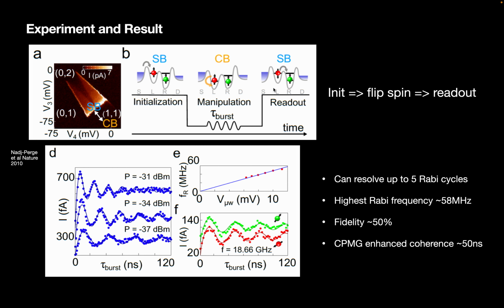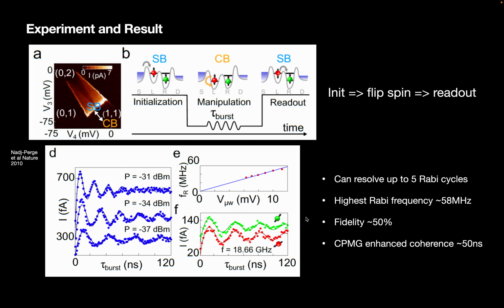By doing this over and over again, you can extract the Rabi oscillation, which is summarized in D. In this Rabi oscillation, they can resolve up to 5 Rabi cycles, and the highest Rabi frequency is about 58 megahertz, and the fidelity is not very impressive, it's 50%.